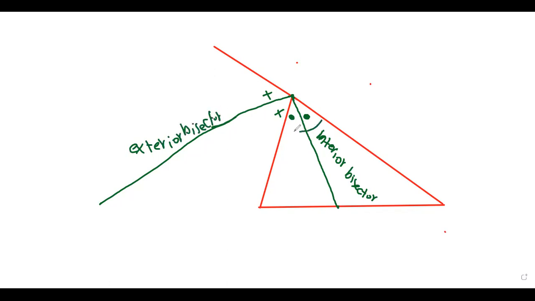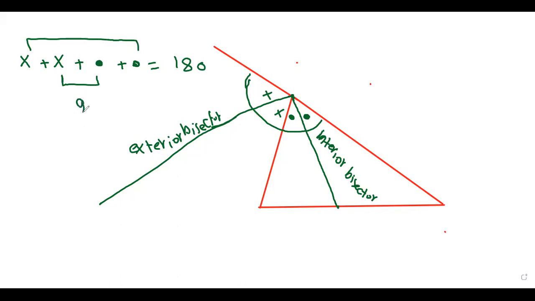As you know, the four angles add up to 180. So the angle labeled cross plus the shaded circle equals 180. If we take the two pairs of them, one pair will be 90, a pair of cross and shaded circle.